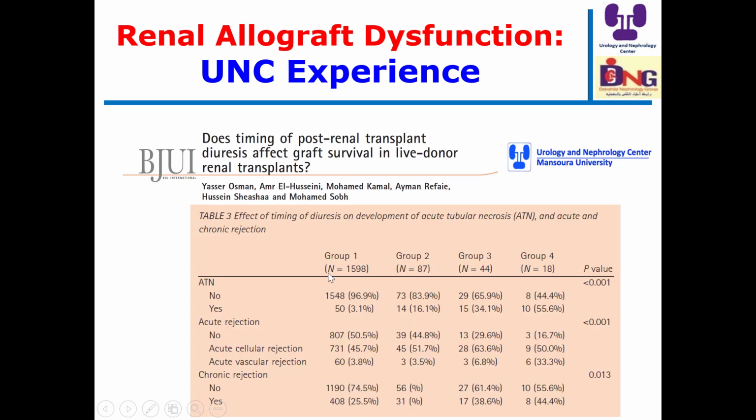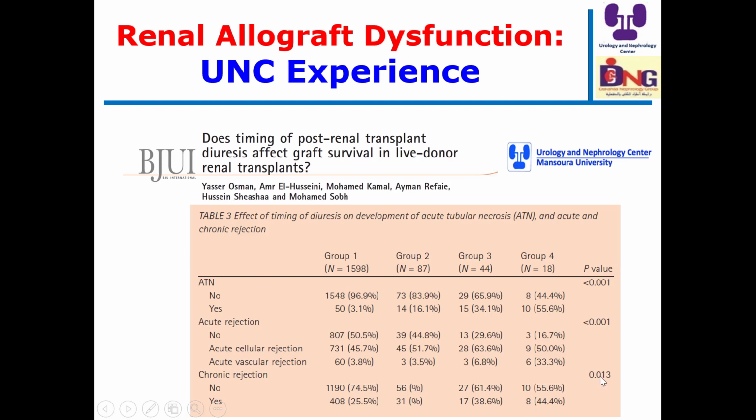If there is a delay in diuresis, we find pathology like ATN. Here, with immediate diuresis, the expected ATN is 3%, and it increases significantly with delayed diuresis, and acute rejection as well, and chronic rejection as well.